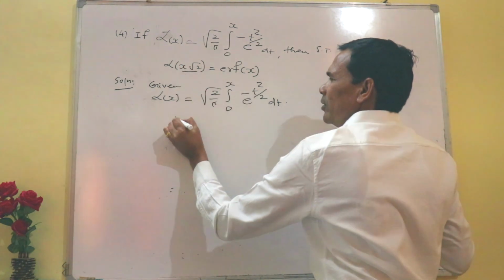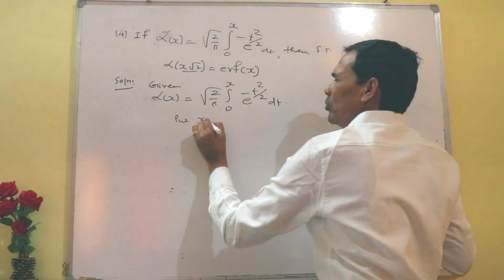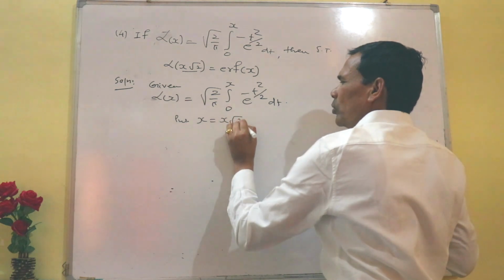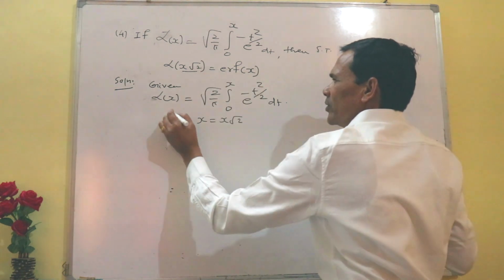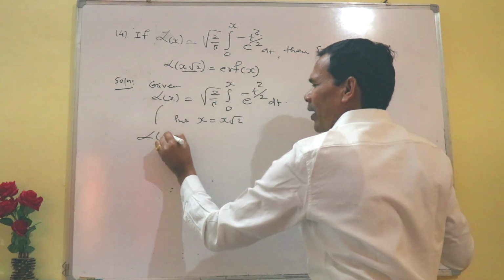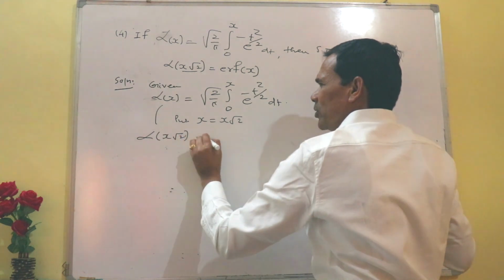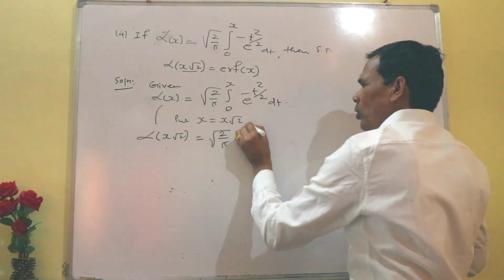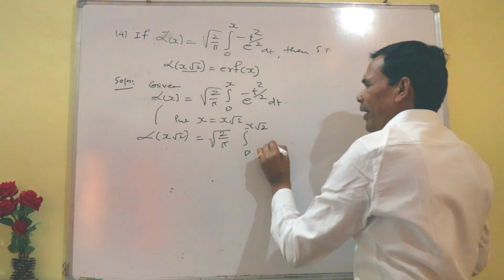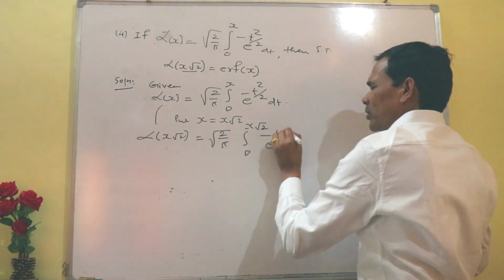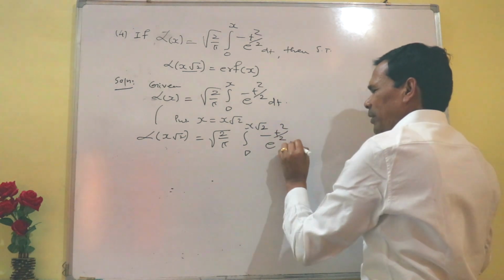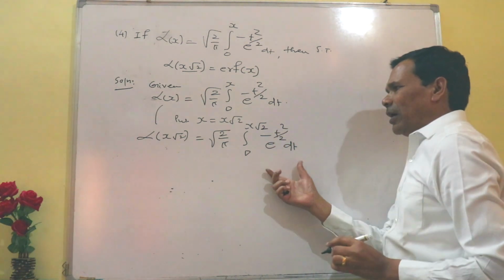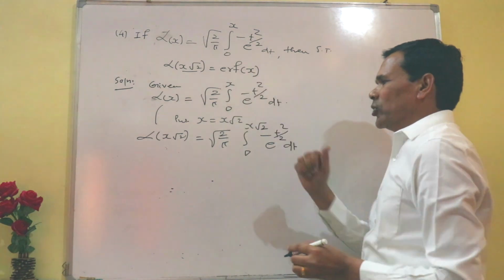I replace x with x root 2, so alpha x root 2 is equal to root 2 upon pi, integral from 0 to x root 2 of e raised to minus t square by 2 dt. Now I would like to reduce this to error function of x.